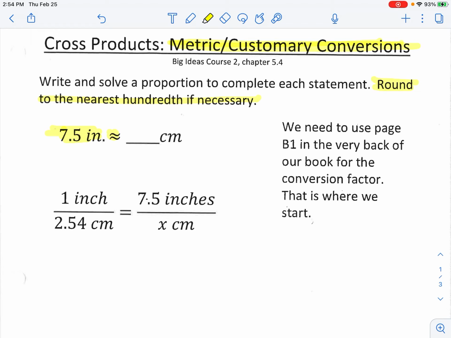So on your reference sheet, in the very top middle column, it says 1 inch is to 2.54 centimeters. So your rate from your reference sheet is always going to go on the left side of your proportion. What you're converting to is going to go on the right side. So we're trying to figure out how many centimeters 7.5 inches equals.